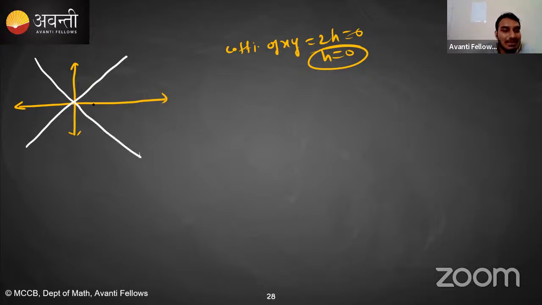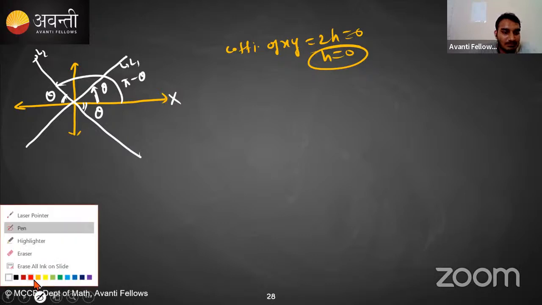Let's say this line is L1, this line is L2. One line is making angle theta, so the other line will make an angle pi minus theta. So this angle and this angle are vertically opposite angles, so this is also theta. So clearly your x-axis is acting as an angle bisector between these lines.